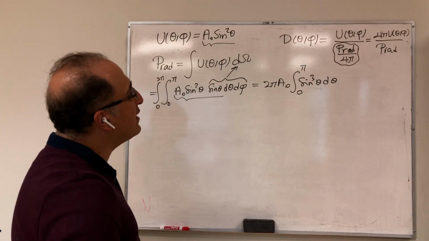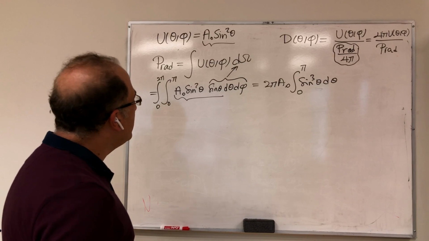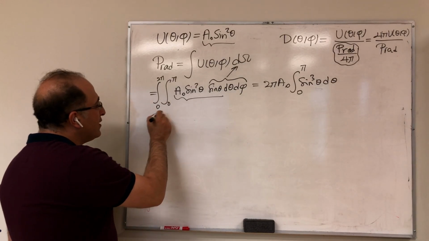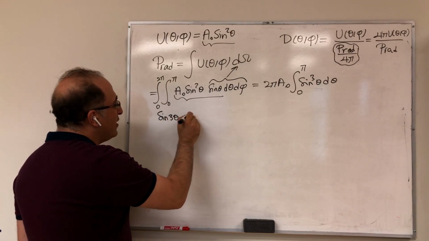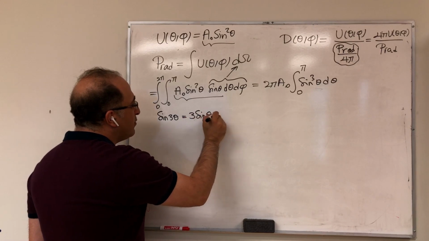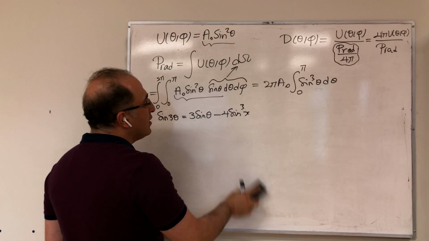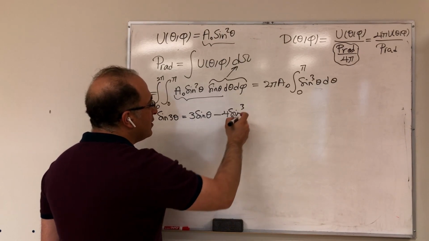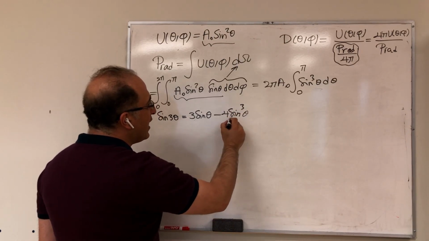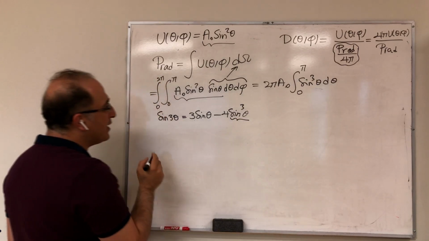So you need to integrate sine cubed theta. And to do that, we know that sine 3 theta is 3 sine theta minus 4 sine cubed theta.